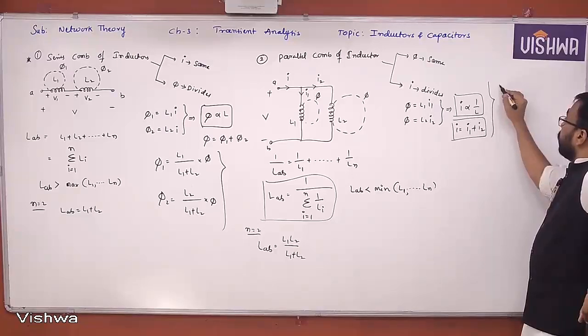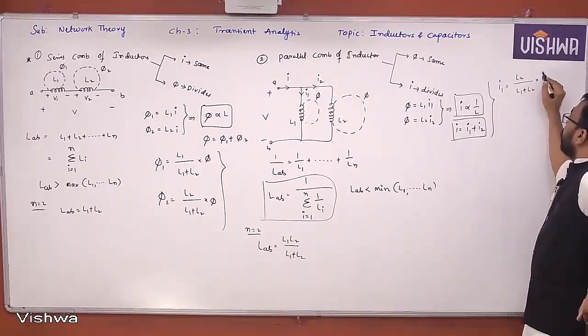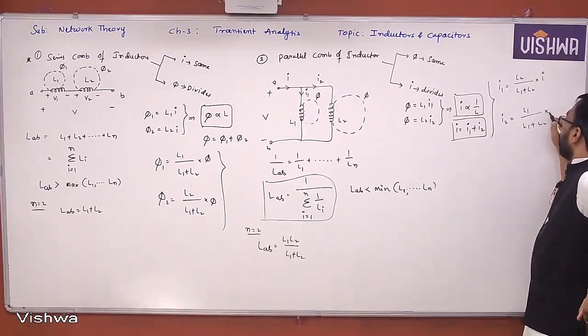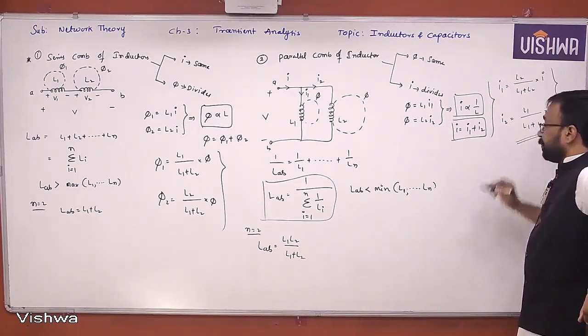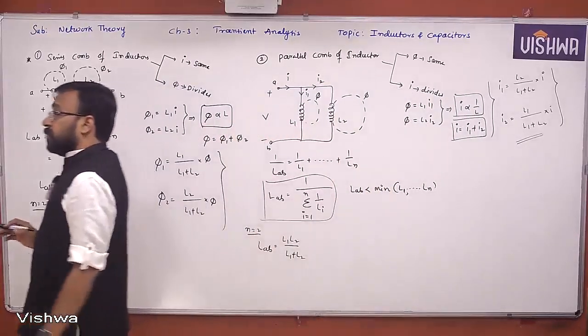So now here I1 will be L2 by L1 plus L2 into I, the total current. I2 is nothing but L1 by L1 plus L2 into I. This is nothing but current division rule, you can say. Flux division rule, current division rule.